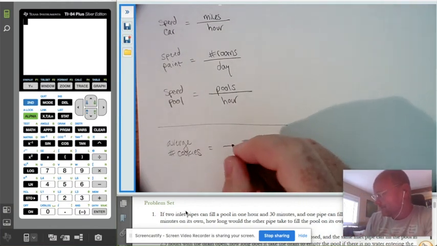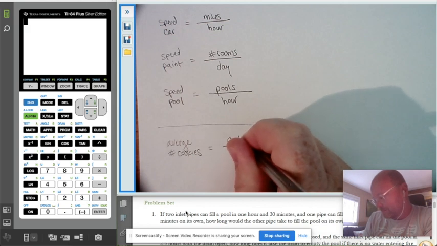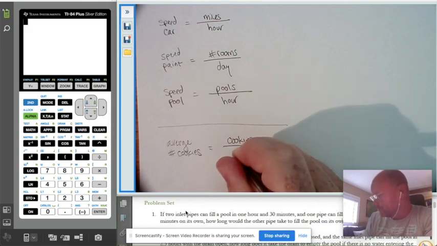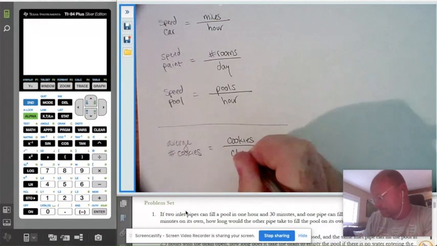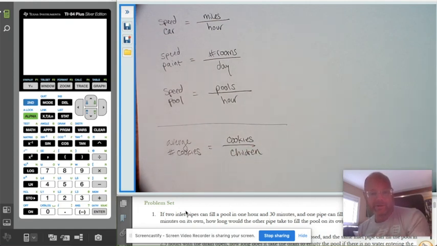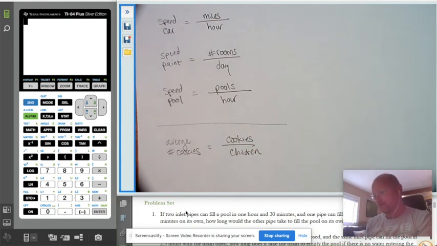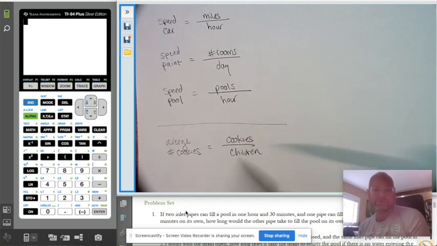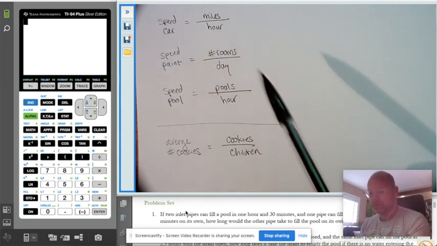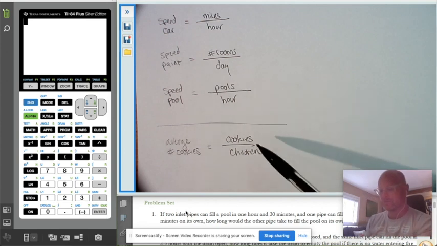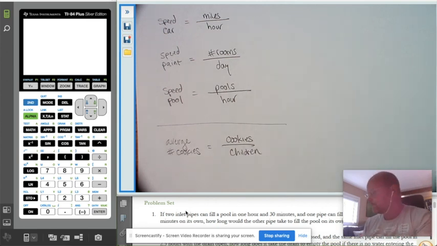You take the total number of cookies and you divide by the total number of children, right? That's also a rate. You can have an average that would be like, this classroom of children ate 3 cookies per child. That's still a rate, but the units are a little bit weirder. It's not like miles per hour or rooms per day or pools per hour. It's the number of cookies per child, right?